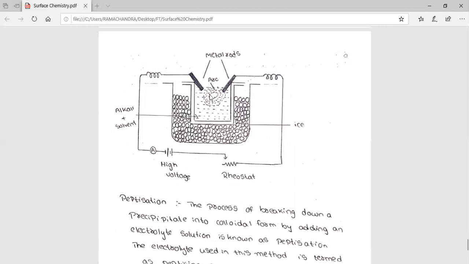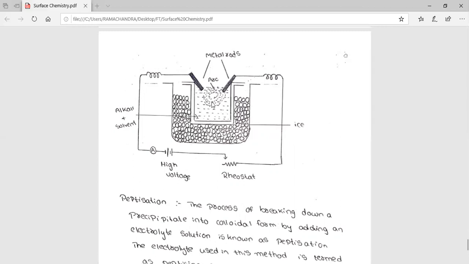Here we are using gold metal electrodes, so gold vapors are formed at the bottom of the metal electrodes.